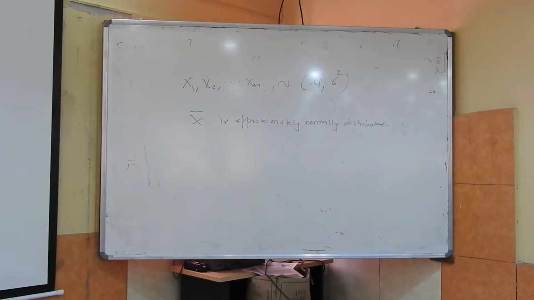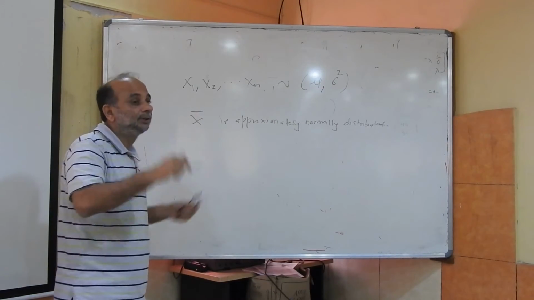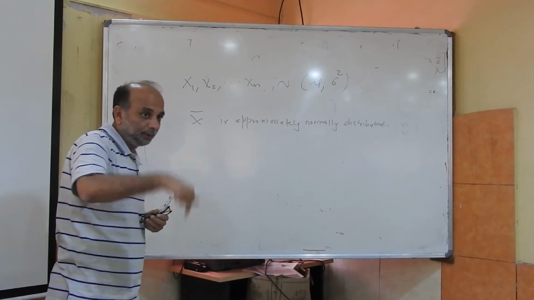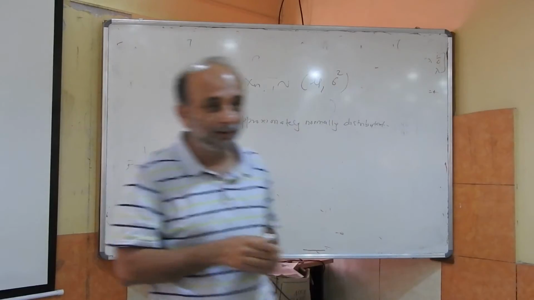Right? Is the number of samples the criterion here? Please do not say number of samples. Say number of sample points. Number of sample points is different from number of samples.